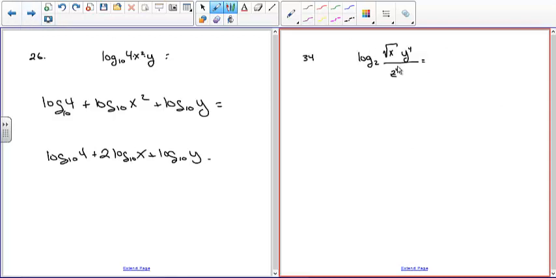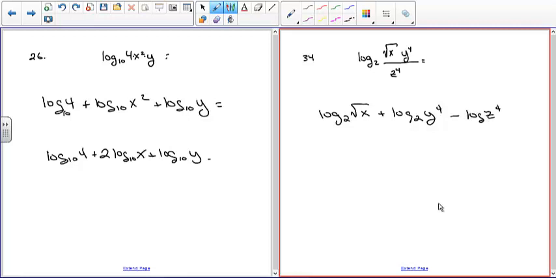Okay, now we have a product and a quotient. Just like here, where we had just products and broke it up into 3 parts, here we have 3 parts of this product quotient. So you take the terms that are in the numerator, and those are positive contributions. And the one that's in the denominator is a negative.